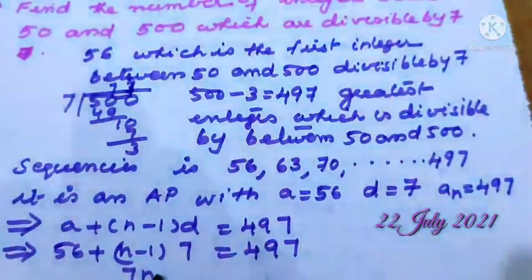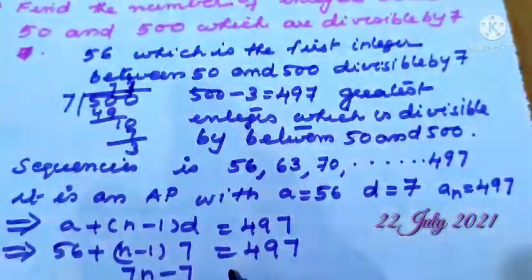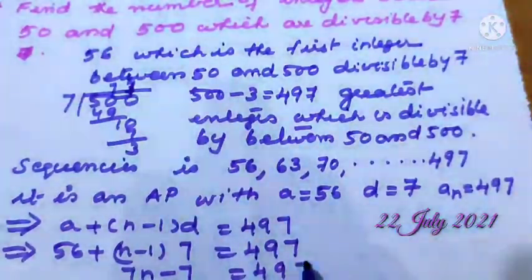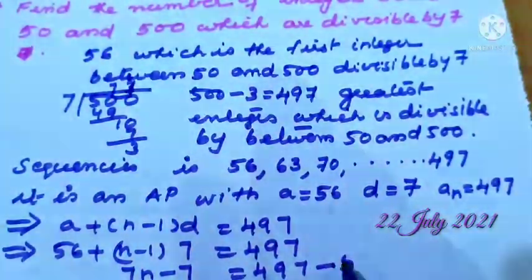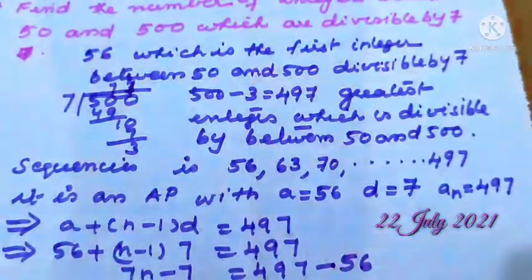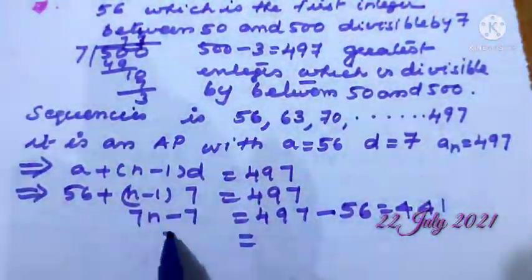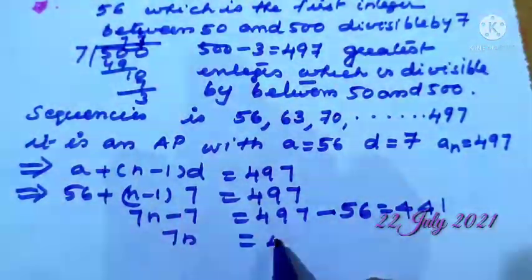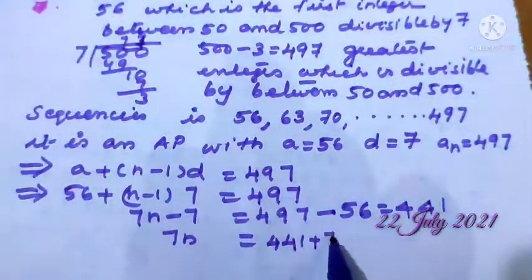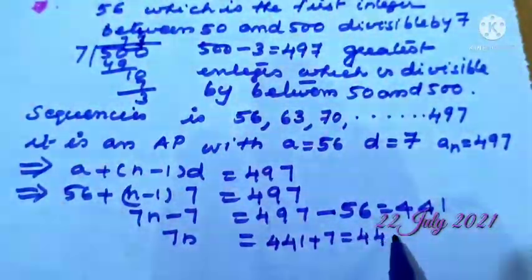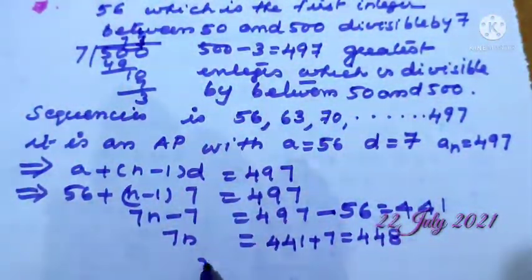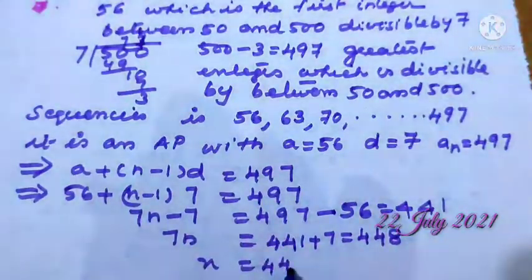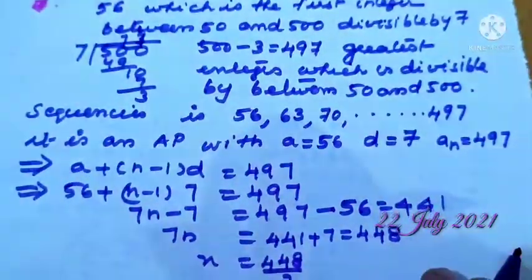So 7n minus 7, the expansion of this bracket, 497 minus 56. So 7n equal to 441 plus 7 equal to 448. So n equal to 448 by 7.